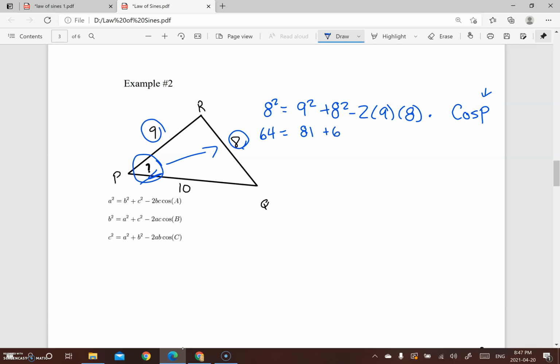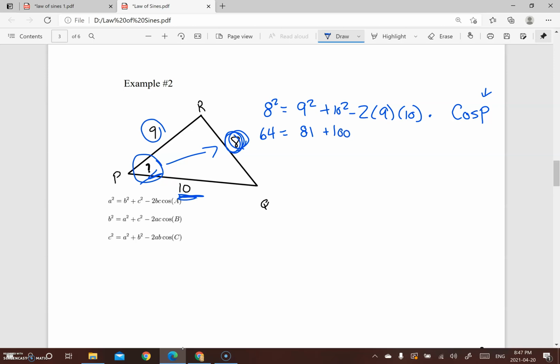Plus 8 squared is 64. Oh, okay, sorry, I caught one of my mistakes. I, for some reason, was looking at 8, but I already used 8. I need 10 in there. So let's fix this. This should be 10 squared and 10 over here. There, messed up on my jelly.